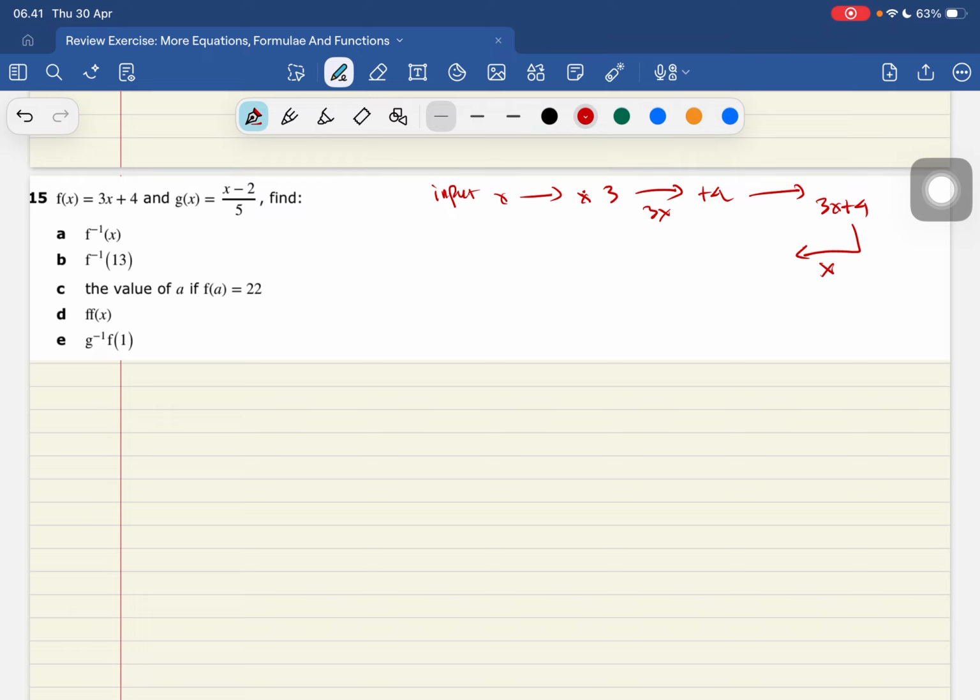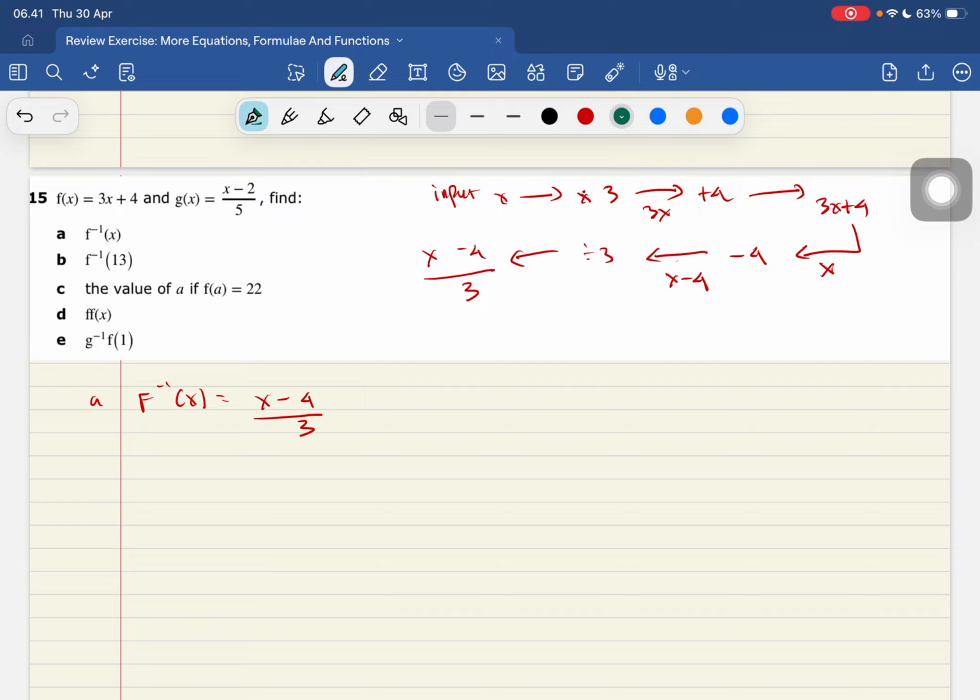If this is plus 4, it's going to be minus 4. So we got x minus 4. This is multiplied by 3, so divided by 3. So the output is x minus 4, we divide by 3. So A, f inverse x equal to x minus 4, we divide by 3.